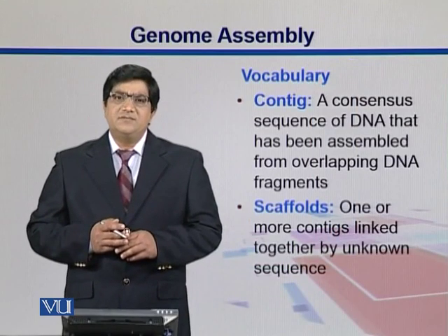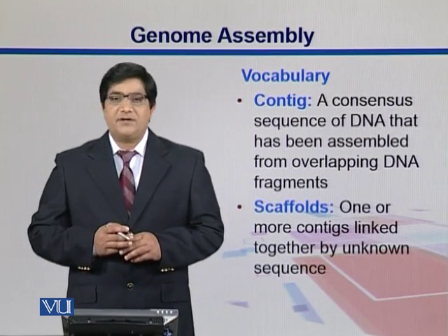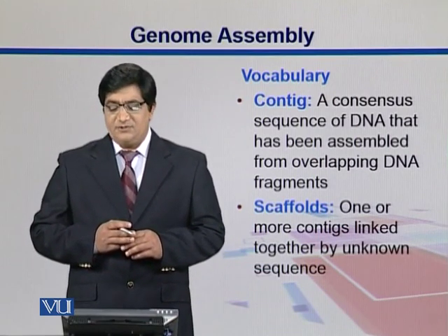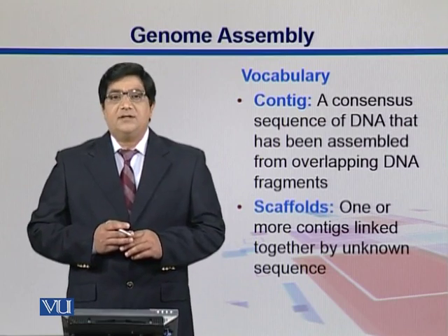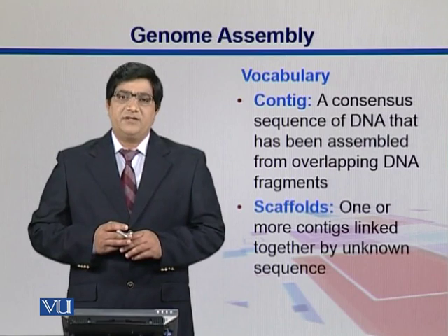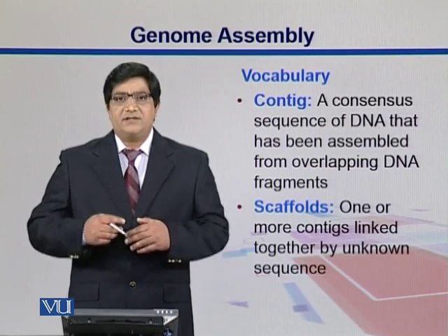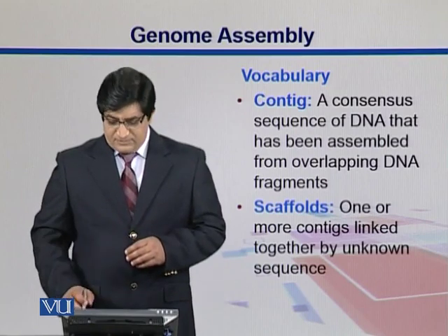Let's look at some terms which we will be using in these assembly lectures. One is contig. A contig is a consensus sequence of DNA that has been assembled from overlapping DNA fragments, or what we can call reads. Scaffolds: when we put these contigs together, they become scaffolds.